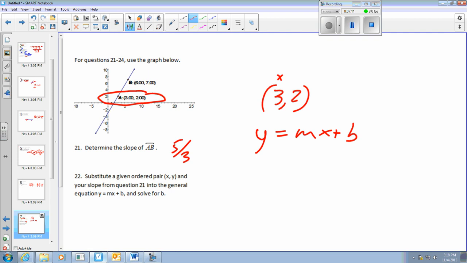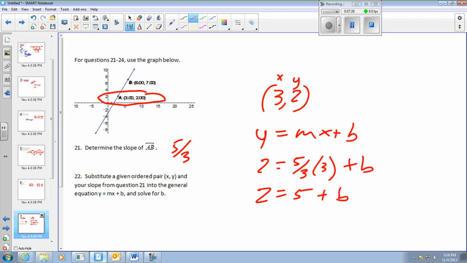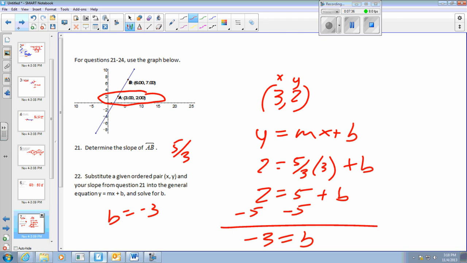This is the x value, this is the y value, so I get 2 equals 5/3 times 3 plus b. Simplifying, I get b equals negative 3. So I know that my b equals negative 3.